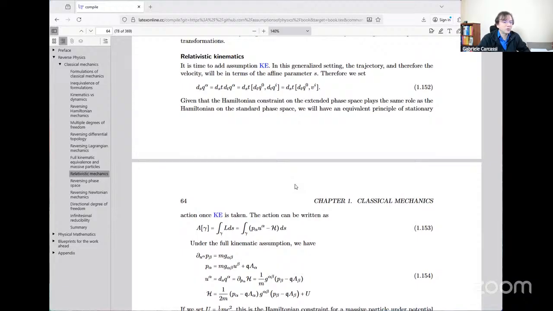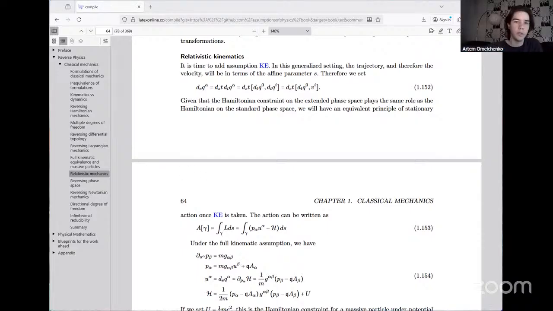We showed that we were able to recover massive particles under scalar and vector potential forces. We are going to do the same thing in the relativistic setting, so that we find EM field-like forces. Okay, shall we start?